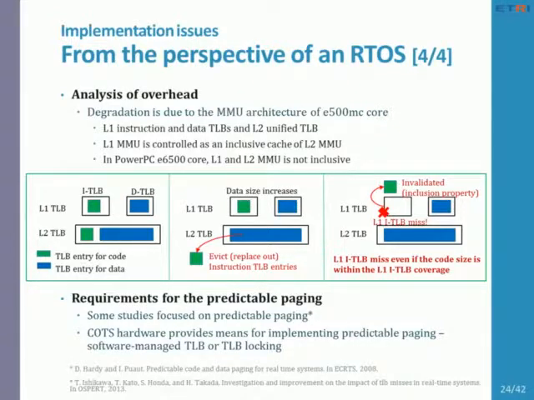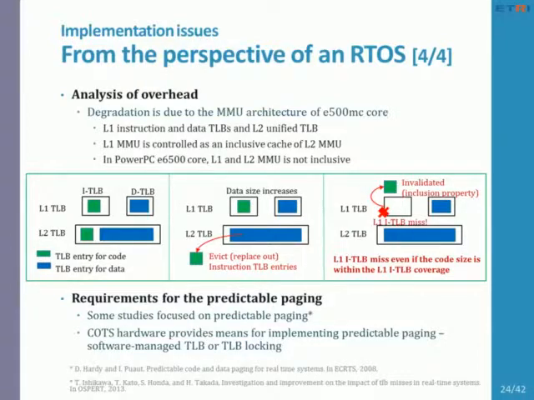As you can see, the TLB entry for code is small enough to fit in the L1 instruction TLB. But as the data size increases, the L2 TLB is mostly filled with TLB entries for data, and the TLB entry for code is evicted.